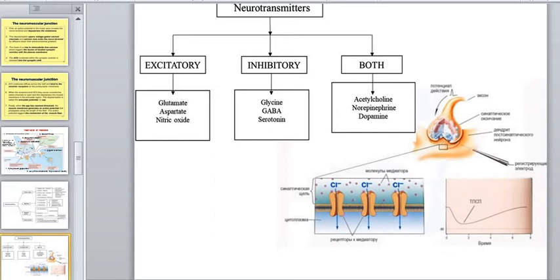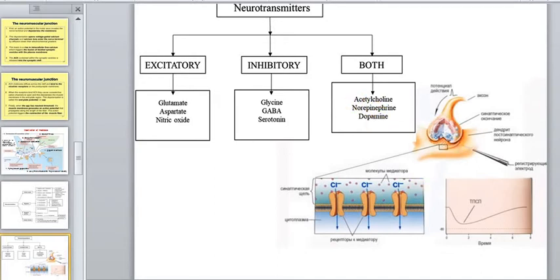Neuromodulators work together with neurotransmitters to enhance the excitatory or inhibitory responses of the receptors. Examples for these types of neurotransmitters are serotonin and dopamine. Norepinephrine especially, we will discuss about this kind of neurotransmitter in the autonomic nervous system.